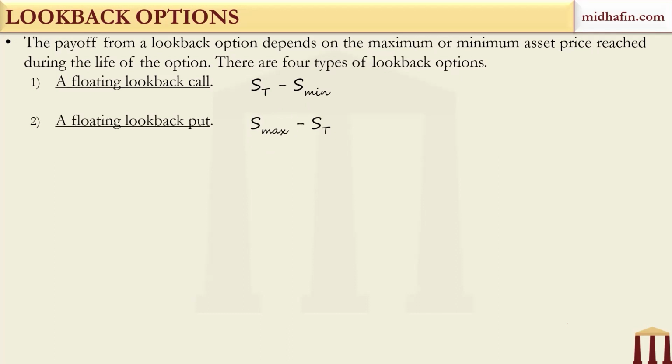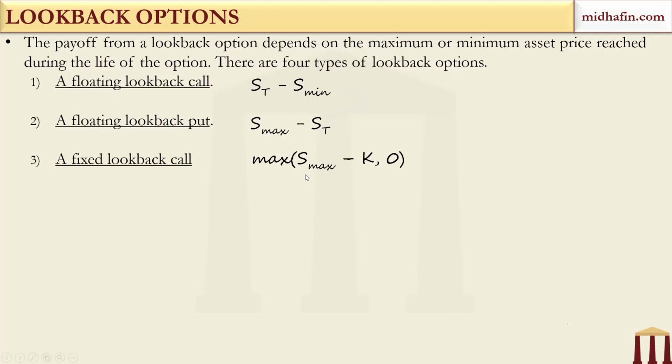That's why S max minus ST. Since strike prices were variable in both cases, these options are called floating options. If it was a fixed lookback call, then strike price is fixed. The final asset price is not fixed.